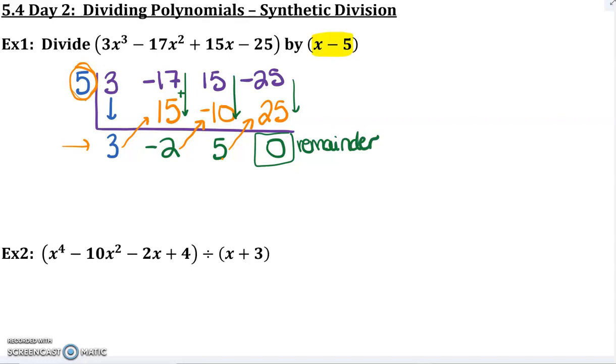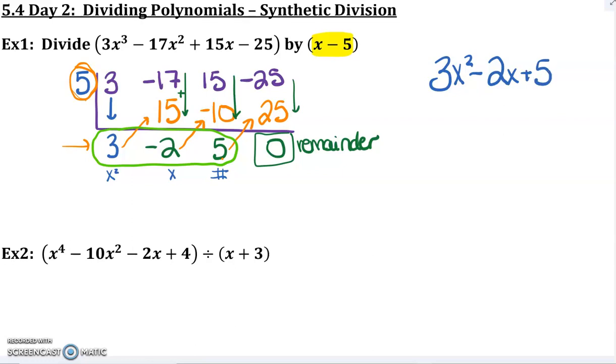The rest of this is our answer. This 3, negative 2, and 5 gives us our answer, but we have to figure out how to write it. The 5, the number before the remainder, that's always going to be your plain number term. The next one to the left will be your x term. The next one to the left will be your x squared term, and so on. So we have 3x squared minus 2x plus 5.